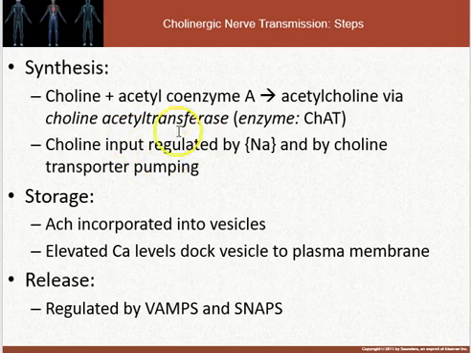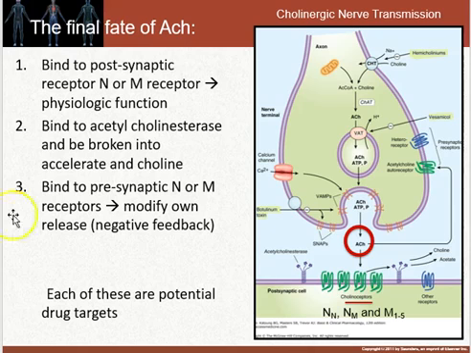Then, of course, these molecules are put into storage vesicles, and elevated calcium levels cause these storage vesicles to dock or fuse with the plasma membrane. And then based on their interaction with the specific proteins listed here, you can see the release of acetylcholine within the synapse.